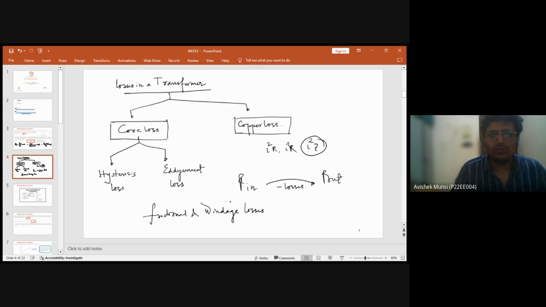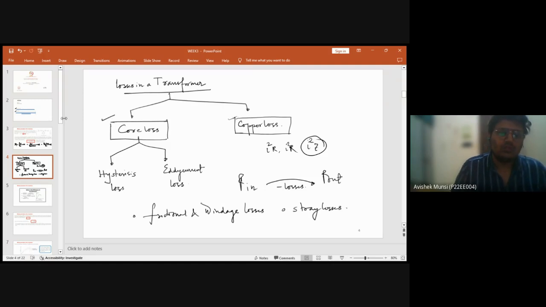This is due to the separation of the core, the wind flow, in case of a huge transformer where there are breathers and all things. Another loss is stray losses. Mainly, we consider core loss and copper loss.